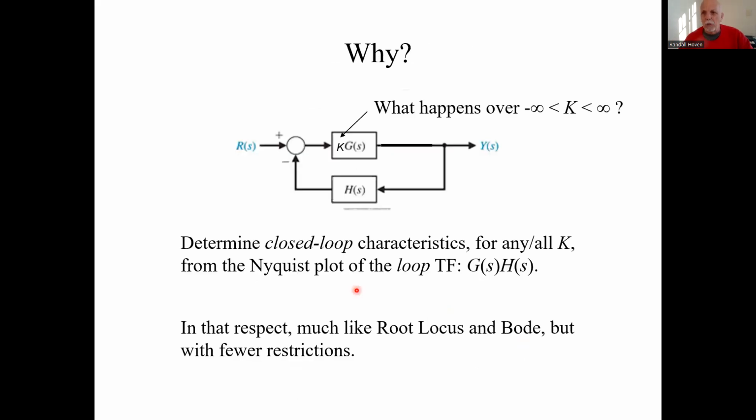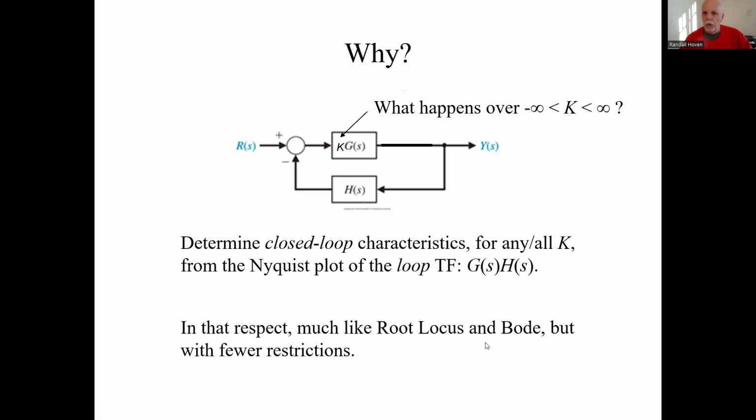Now, why would you want it? We can determine closed loop characteristics for all k that we put into that loop transfer function. Once again, we're evaluating closed loop behavior from the loop transfer function, and especially to see what happens as you change the gain of that transfer function.